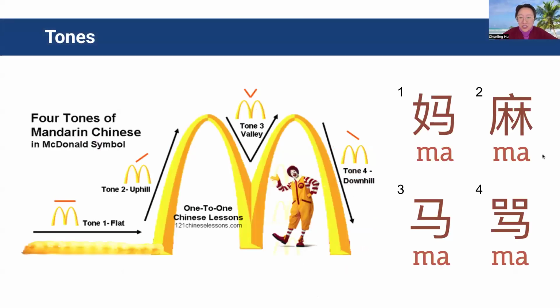So the tones, we know we have four tones in pinyin. We mark them as first, second, third, and fourth. The first tone is flat, so we use this picture from McDonald's to show the first tone, ma. The second tone goes uphill, ma. The third one goes down and then rises again, ma. The last one, ma.